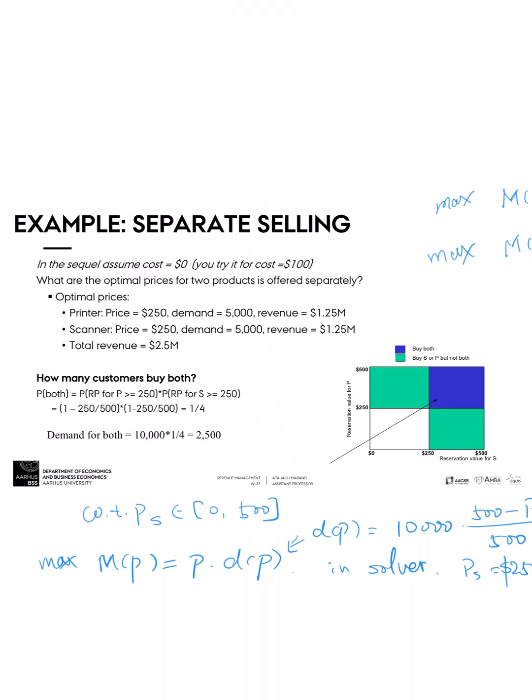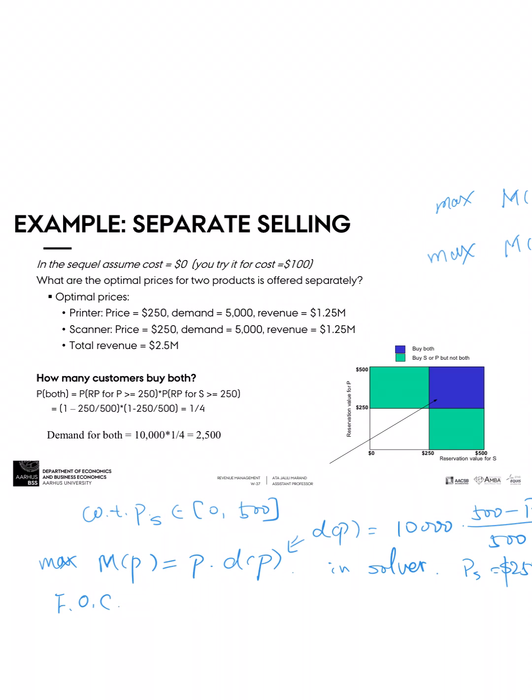Here we can also do it another way. We can take the derivative of the revenue function, because the revenue function is concave, so the first order condition gives us the optimal solution.